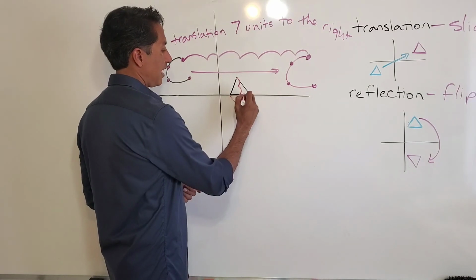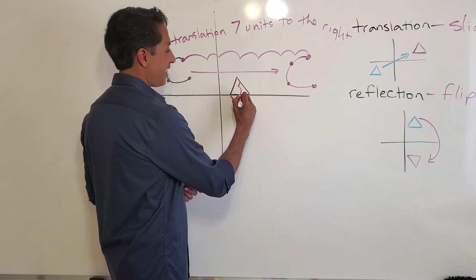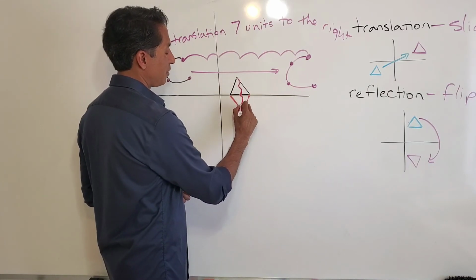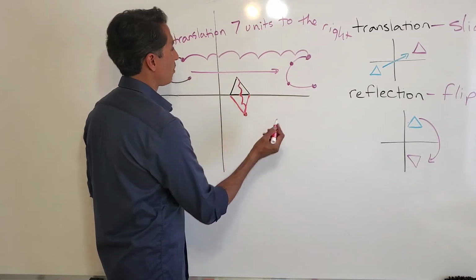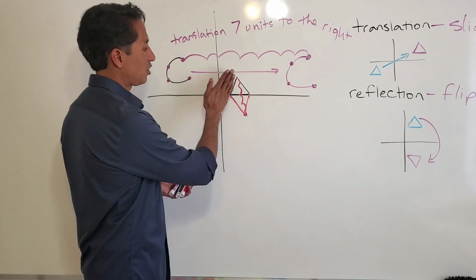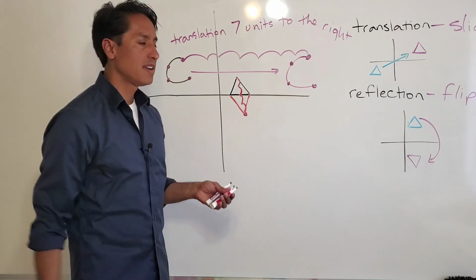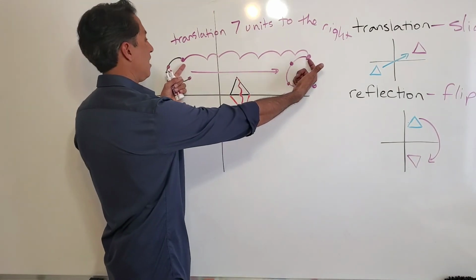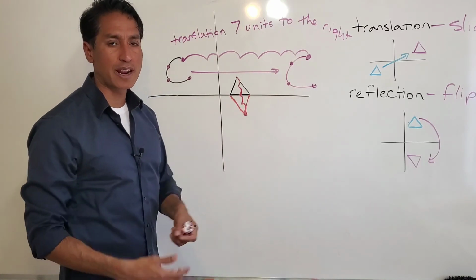So 1, 2, too tall. Get it? It's way too tall. And 1, 2. So I know that this guy had to move 1, 2, 3, 4 units. So it's a reflection 4 units down, okay? Because that's what it took to bring it all the way back down. That's the distance between the 2 points, okay? Just like we did the distance between the 2 points right there.